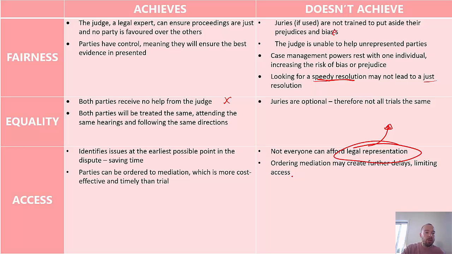So party control should mean we get the best evidence. The judge is a legal expert. We're trying to identify issues early, resolve issues as quickly as we can, order the parties off to alternate resolutions like mediation. Judge can fix timetables, etc. So case management is a huge one for promoting access in terms of that justness of the dispute.